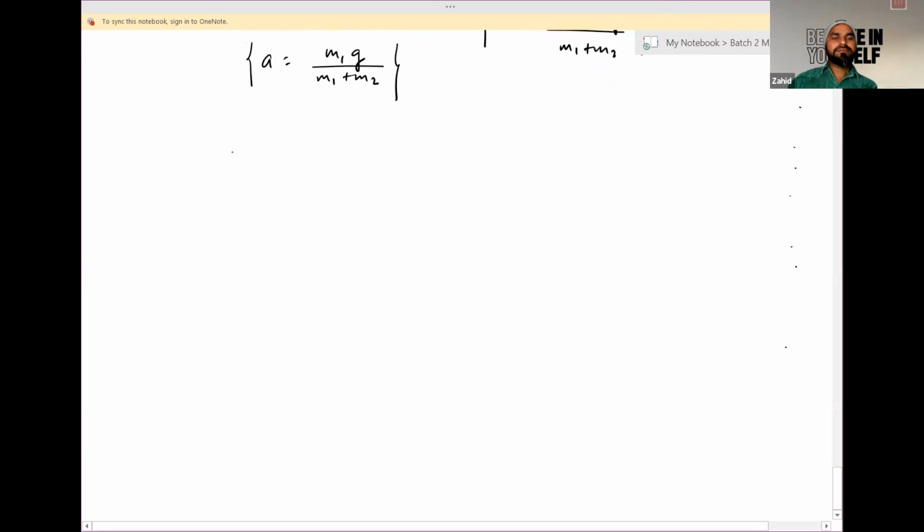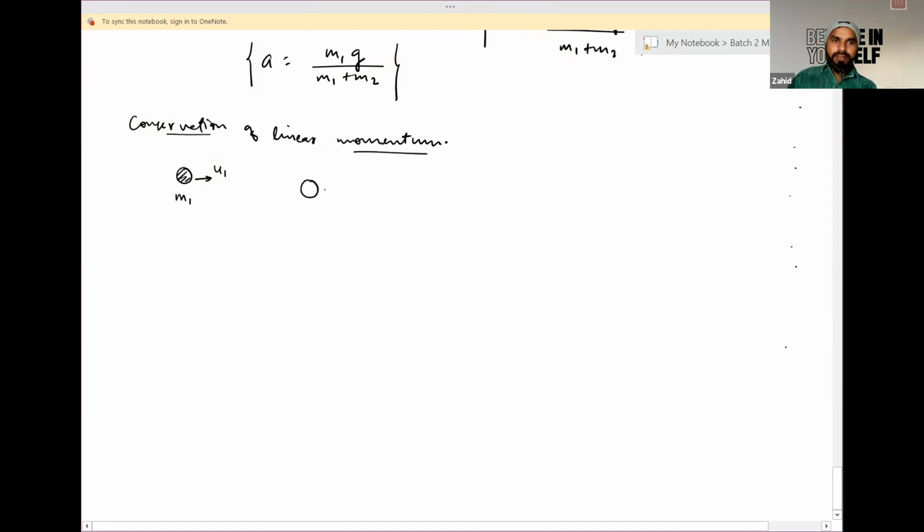Now the next term after this is conservation of linear momentum. Suppose you have a body which is going at some velocity u1 having mass m1.